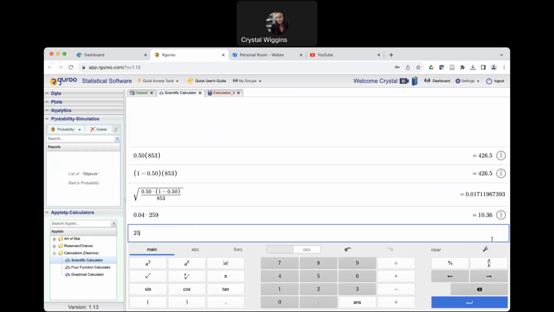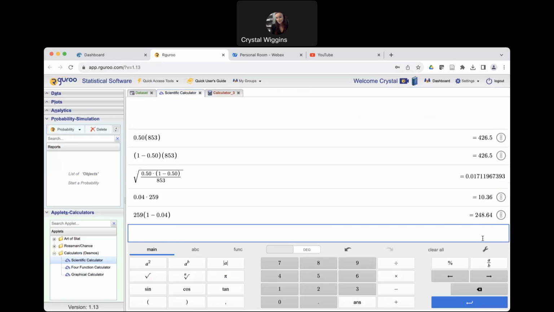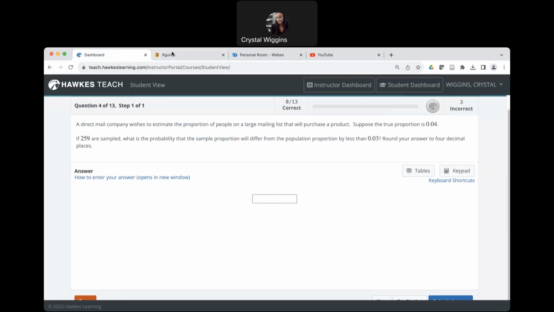So then I take 259 and I'm going to multiply by 1 minus 0.04 because remember, you have to pass both. This one passes with flying colors. So I have successfully passed the central limit theorem, and that means that the average of the proportions from the sampling distribution is going to be equal to the population proportion of 0.04.